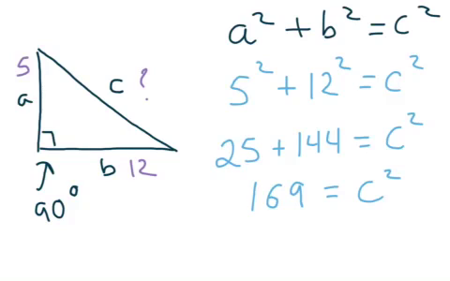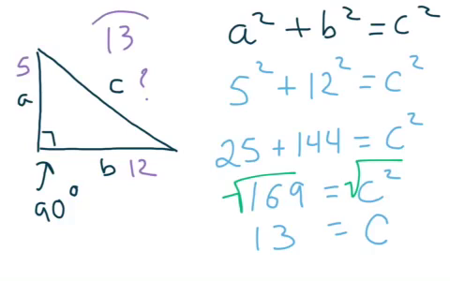And then we will take the square root of both sides, which gives us c over here, and 13. So our side C is 13.